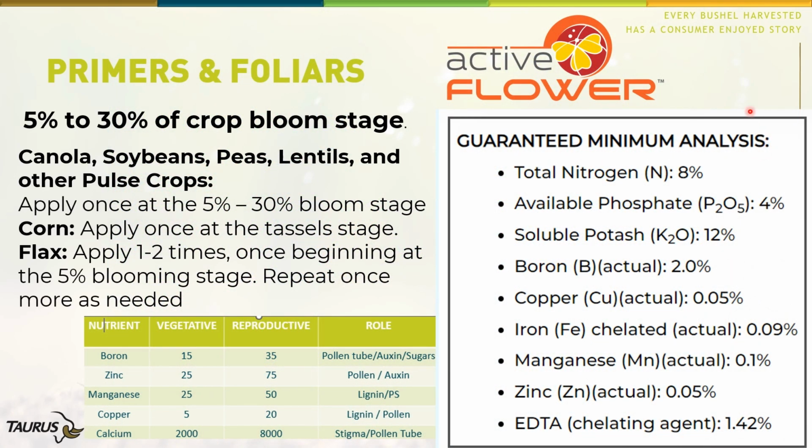So in summary, we can put on this nutrient package here at this 5 to 30% bloom along with the fungicide, for example, going into early bloom so that we're getting on a small amount of nutrient on all the parts of the plants, on the leaves, on the shoots, on the reproductive parts, and anything that is in excess of what the plant needs immediately for whatever growth or stress management strategies that it will have.